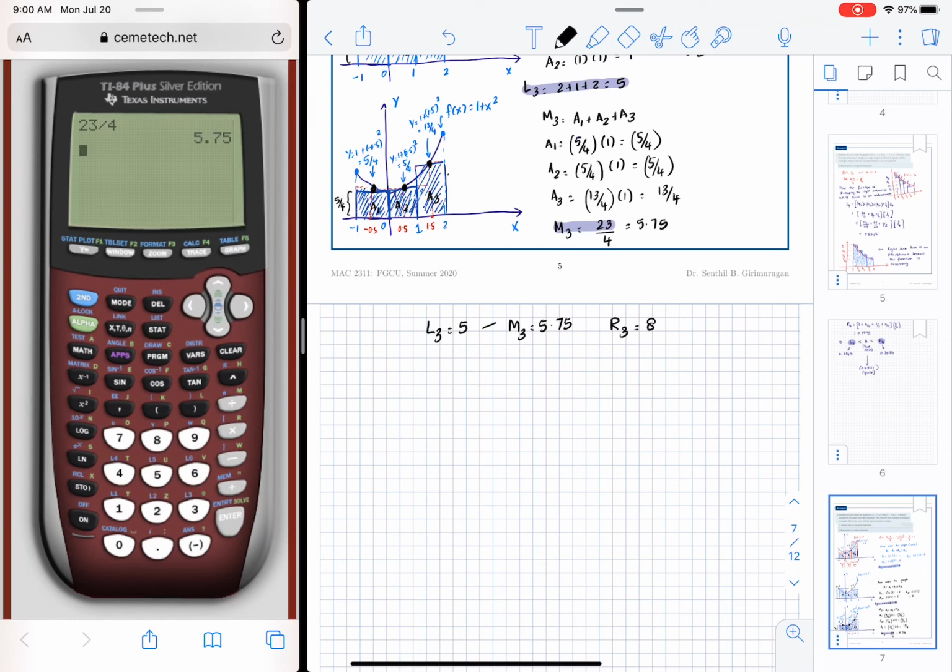So clearly M3 is between L3 and R3. That's what we would expect because M3 is based on the midpoint. L3 is left endpoint based. And R3 is the right endpoint based calculation.